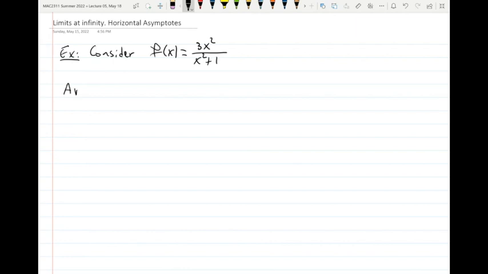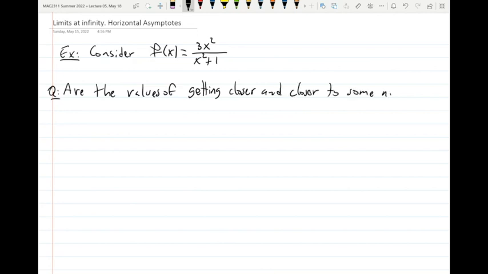So in other words, the question is, are the values of f getting closer and closer to some number when x is very large?